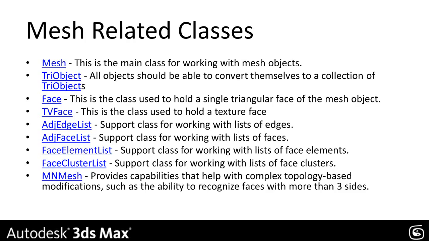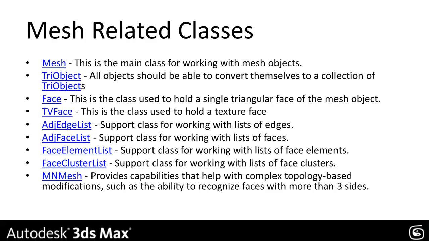So then let's take a look at tri-objects. So this is basically all objects that should be able to convert themselves to a collection of tri-objects will work more fundamentally in the pipeline. Okay, this is one of the native classes that moves through the geometry pipeline, and it contains the instance of a mesh class.